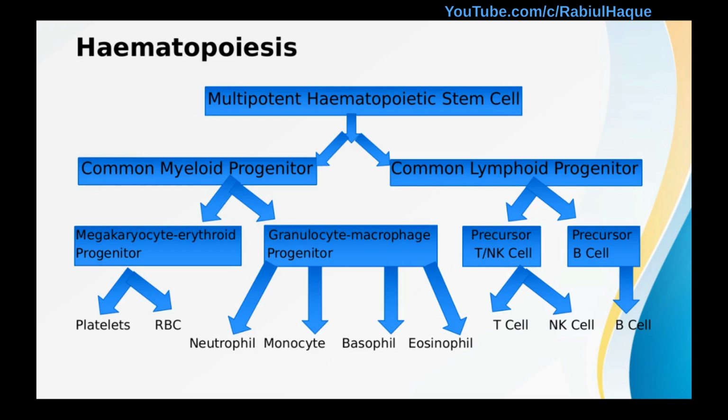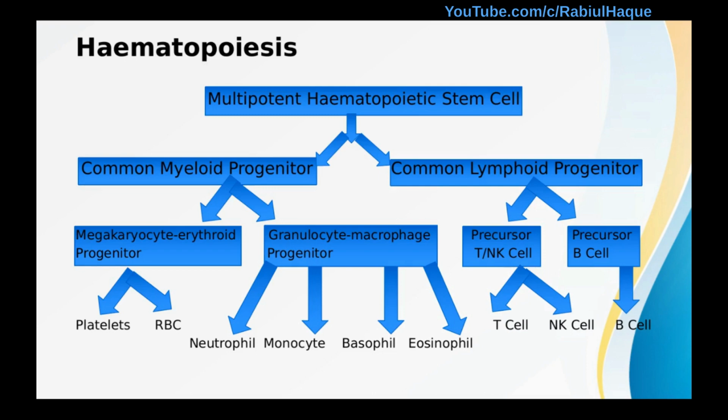From common myeloid progenitor, we will again get two types of further differentiated cells. They are the megakaryocyte erythroid progenitors and granulocyte macrophage progenitors. Similarly, from the common lymphoid progenitors, we will also get two types of precursor cells. They are precursor T or natural killer cell and precursor B cell.